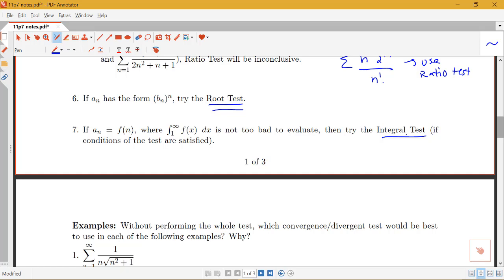Remember that some signs that the integral test would be helpful is if you take your associated function here, f of x, where f of n would equal a sub n, the terms of your series, if integrating that function wouldn't be too bad, you kind of look at it and see you could use u substitution or some nice antiderivative rule that you know. If you see that it's not too bad to evaluate, then you might think about trying the integral test, as long as you have the conditions of that test being satisfied. So that gives you a general strategy to follow when choosing what test to use.